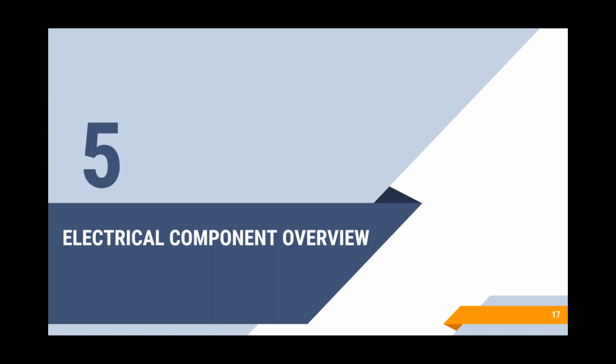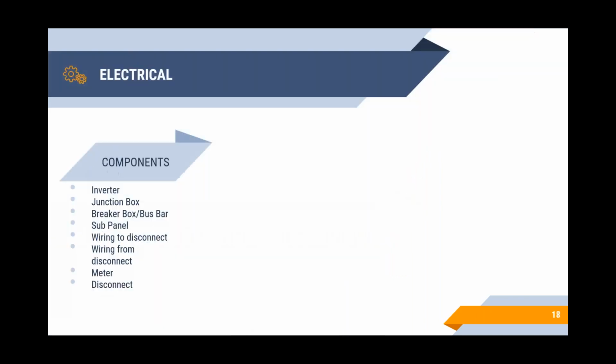So the electrical component overview. This is a long list, but it's definitely something to consider. That's going to be items that will be needed on the end job. So you're always going to need an inverter, obviously, with every job.